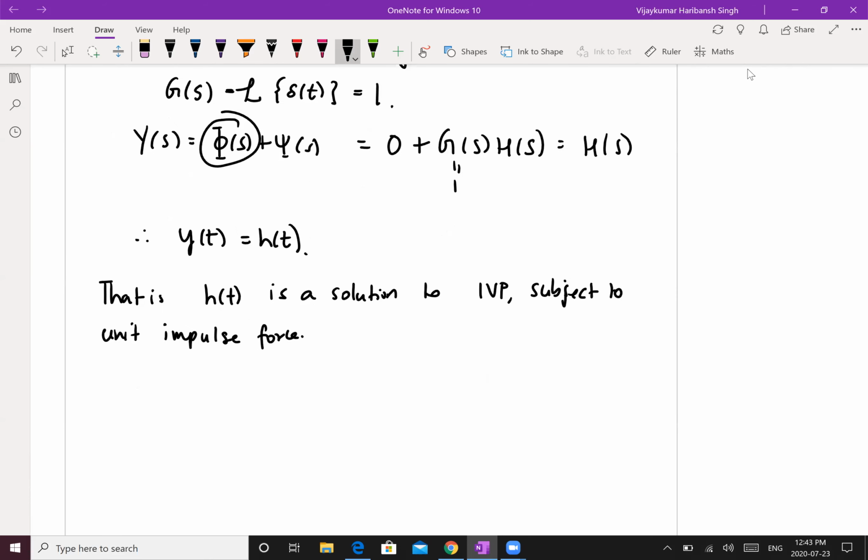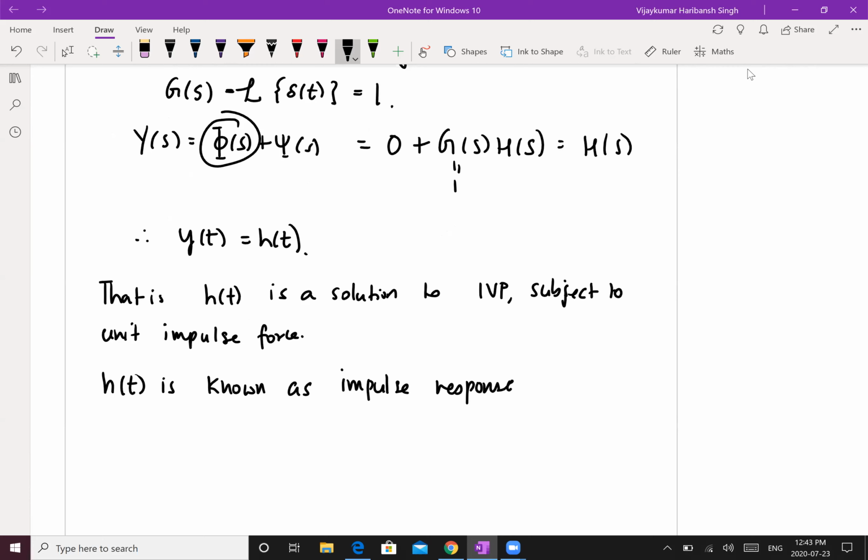We will give it a name: h of t is known as the impulse response.